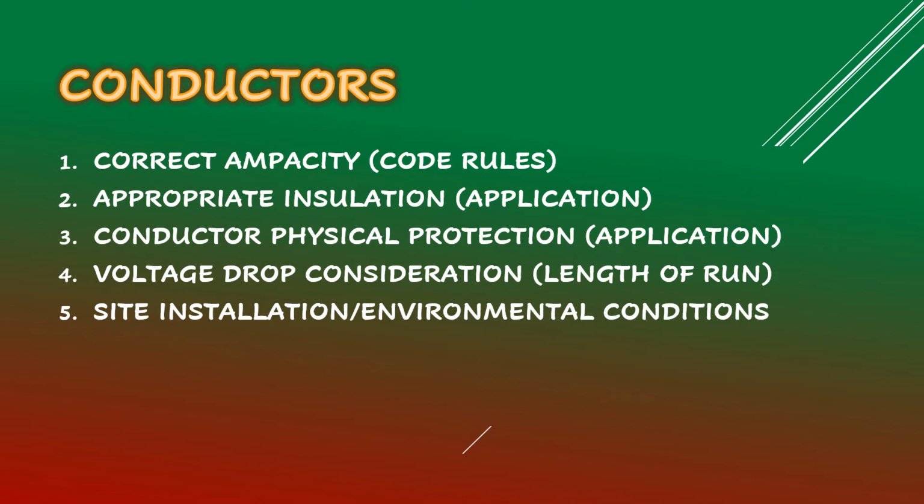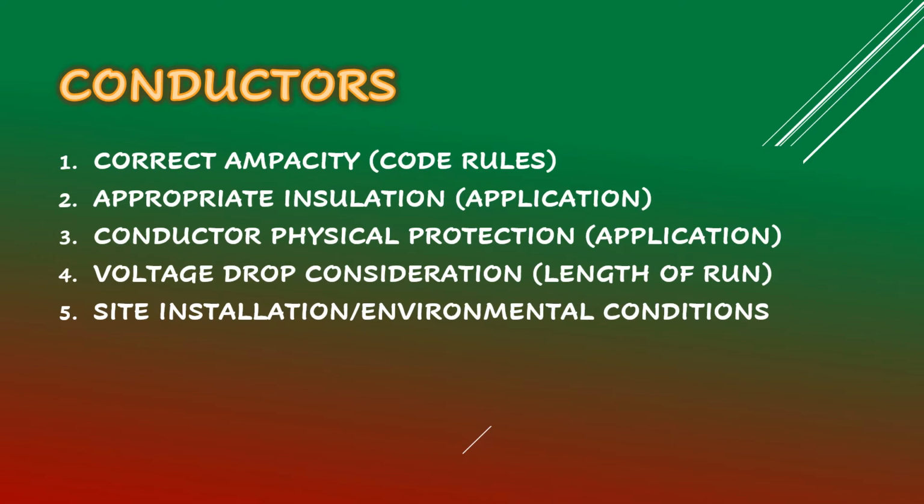Number five, site installation and environmental conditions. In designing conductors, we have to consider the site installation and environmental conditions. We have to know what the temperature on site is. Is it always raining?